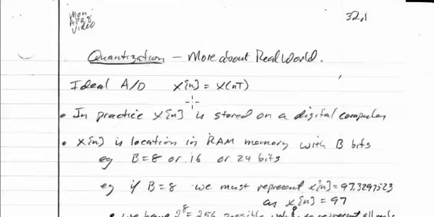But in practice, that's a little bit harder to do than it looks like at first glance, because this x ends up being stored on a computer or a microcontroller or in RAM. And RAM memory is electronic memory that has a finite number of bits, and we're going to say B is the number of bits. So typically there's 8 bits or 16 bits, 24 bits, 32 bits, that kind of thing.